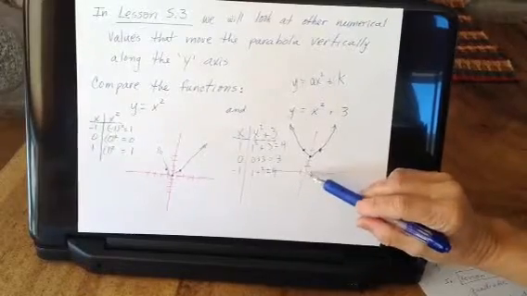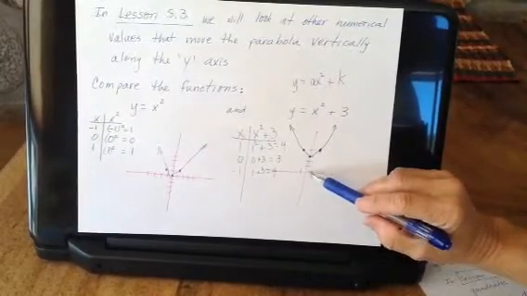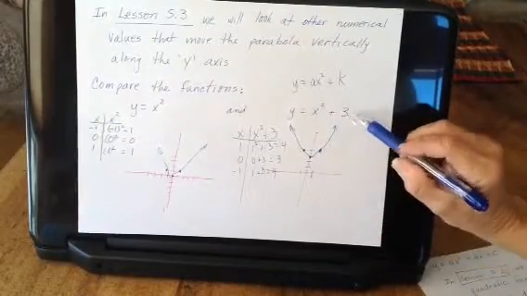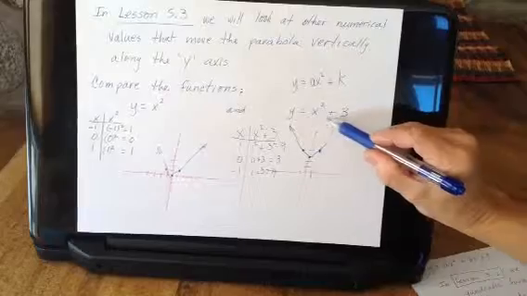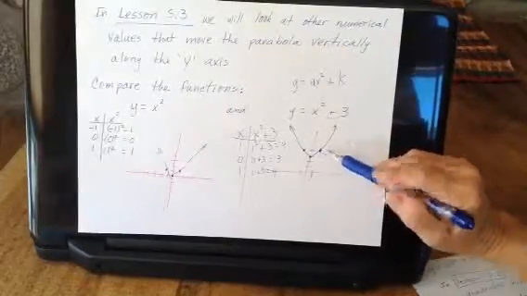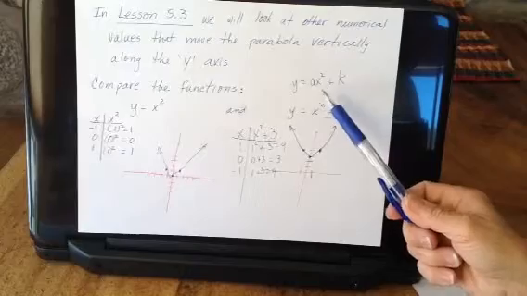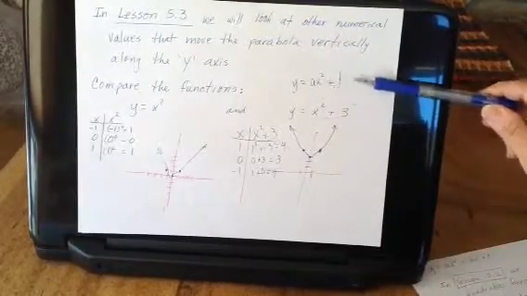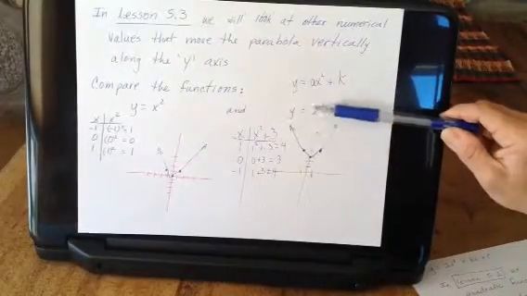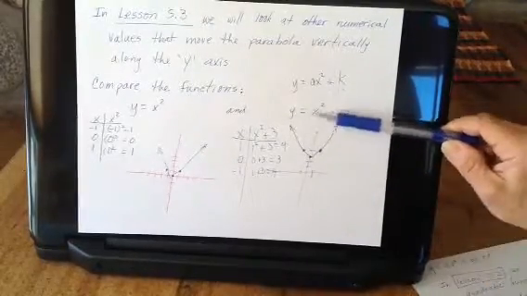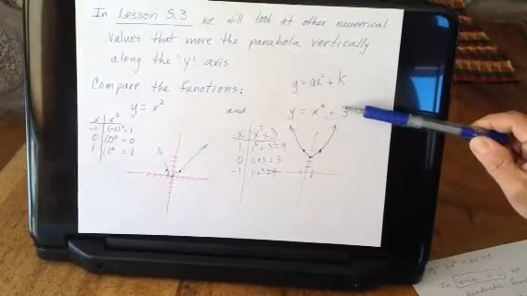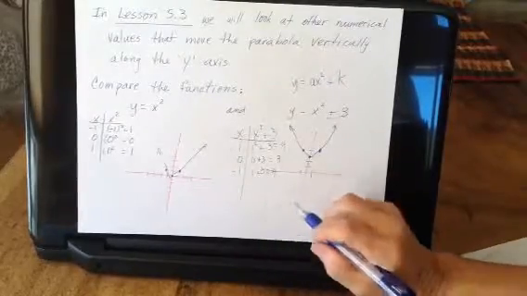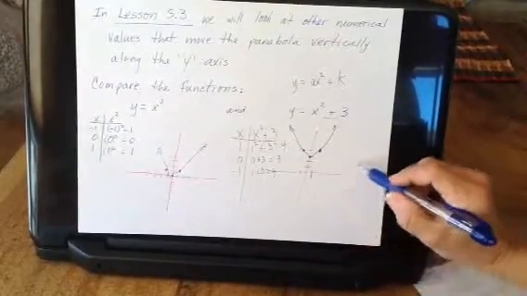The only thing that happened was the parabola was translated vertically in the positive direction, the same as what k was. So that's what happens when we have quadratics in the form of ax squared plus k. Depending on the value of k, it's going to move our graph vertically up or down. If we have x squared minus 5, then it should end up moving down 5.